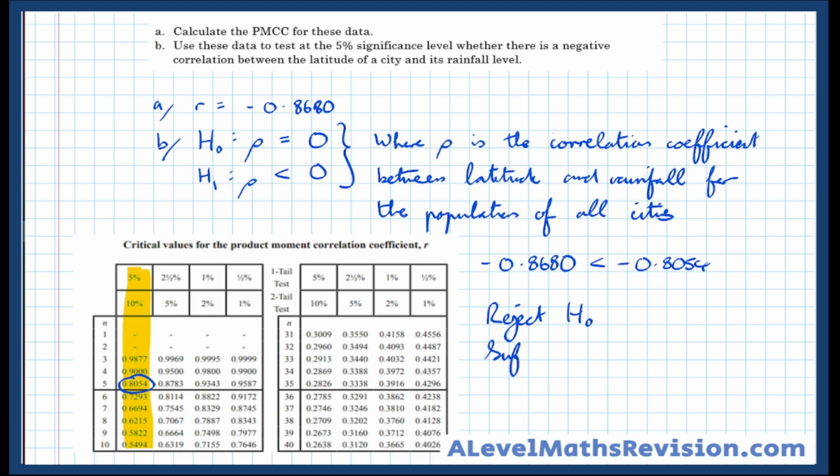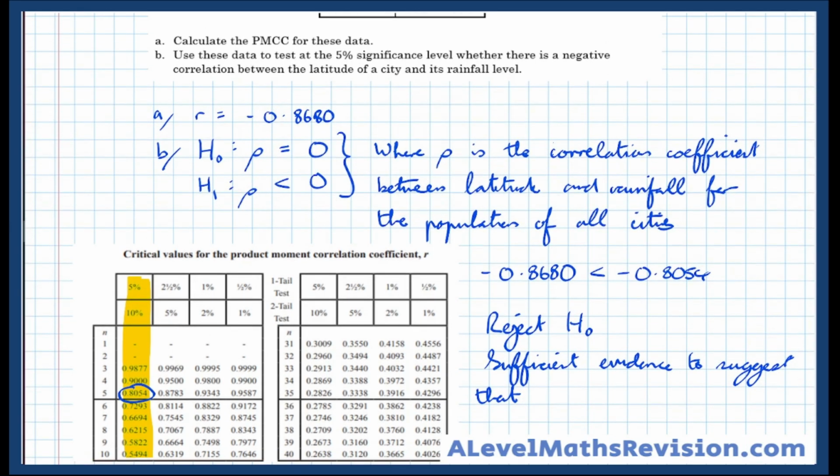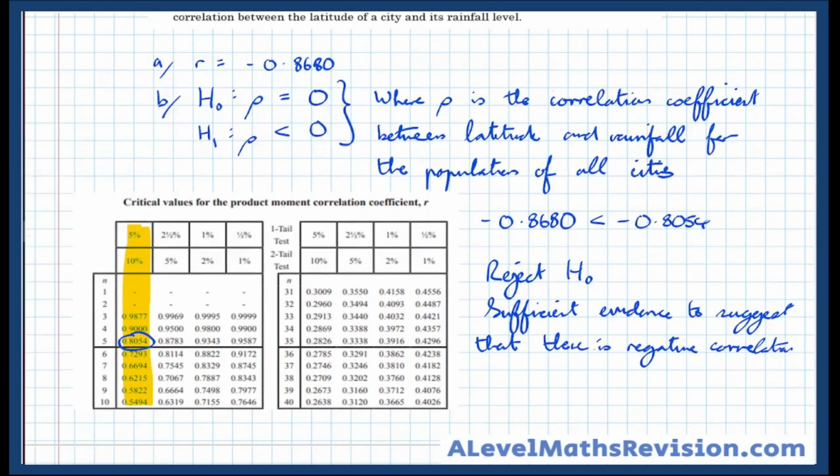And we have sufficient evidence to suggest that there is a negative correlation between latitude of a city and rainfall.